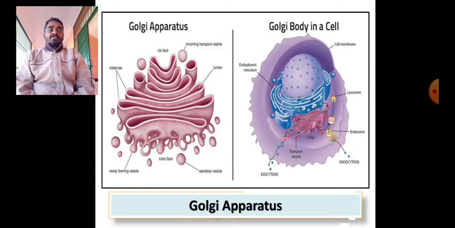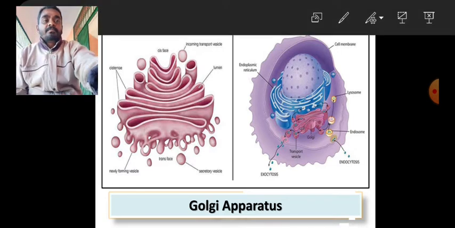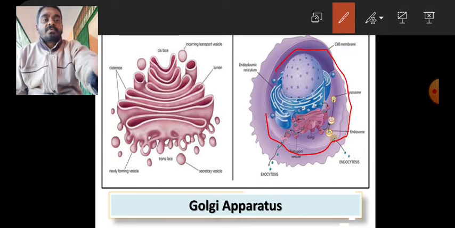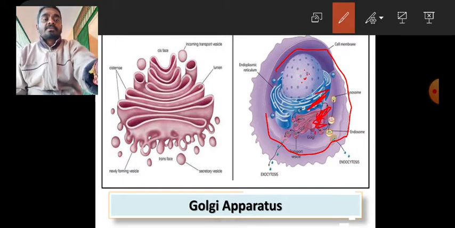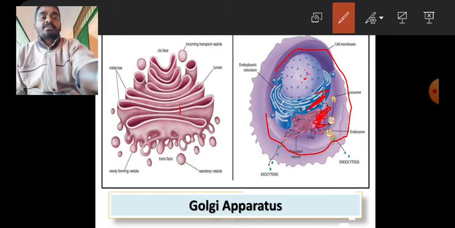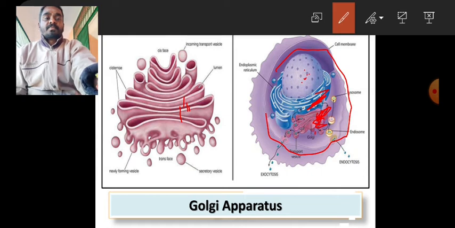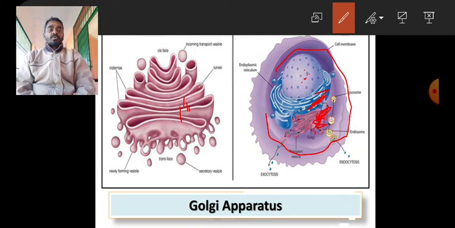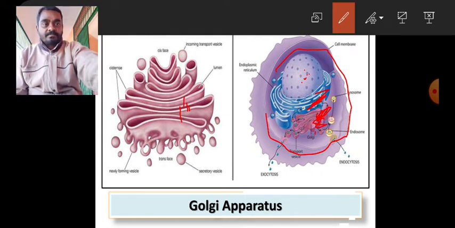Golgi apparatus, look at that structure. The right side, the diagram, here this is nucleus, and these are all endoplasmic reticulum. This red one is called Golgi complex. The same red one is drawn here, enlarged and shown for your better understanding.